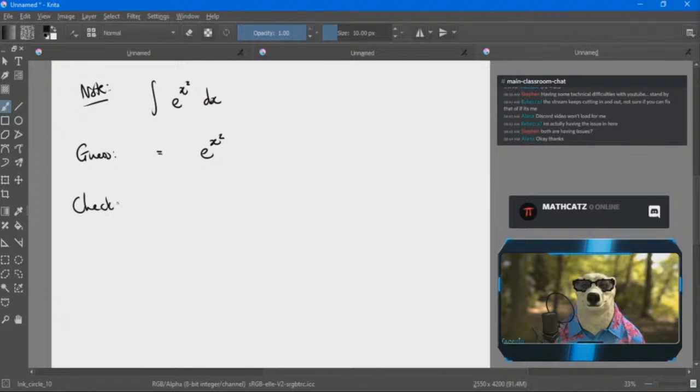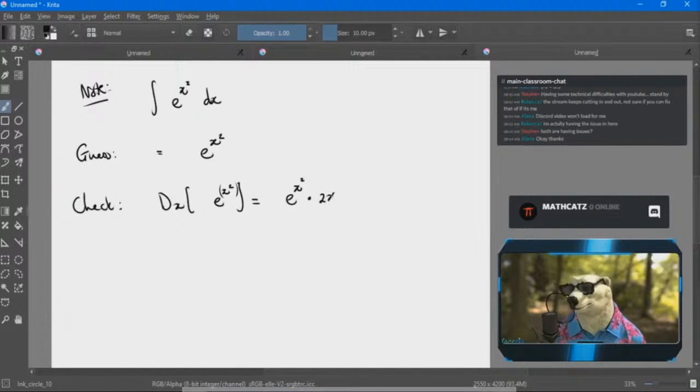And then in my check, now I take the derivative of e to the x squared. Well, I leave some space because maybe there's a correction needed. Take the derivative of that. I see, well, this is a function of a function. Taking a derivative is the chain rule. So it's e to the x squared as the derivative of the outside function times the derivative of the inside function, which is 2x.